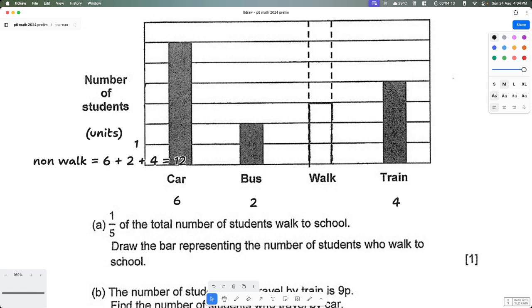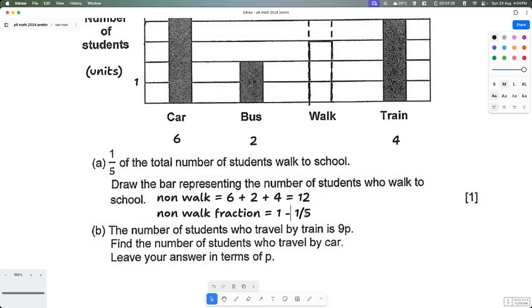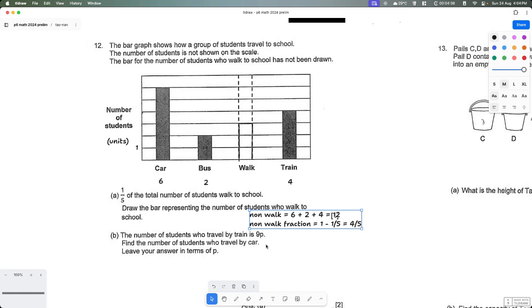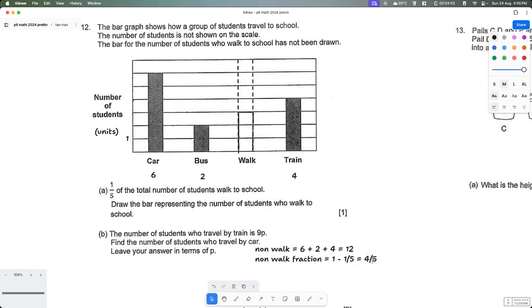And then the non-walk fraction is equal to 1 minus 1 over 5, which is equal to 4 over 5. Let me just move this to where it's easier to see. So non-walk is 4 over 5. Then that means 4 over 5 will be equal to 12.